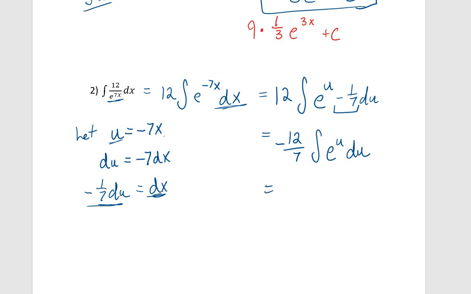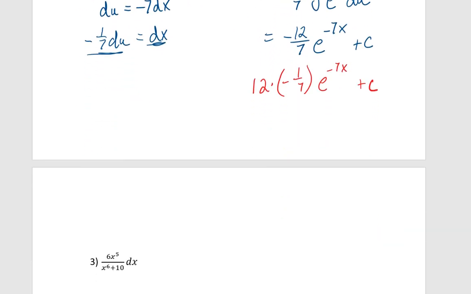And the antiderivative of e to the u is just e to the u. So I'm going to have negative 12 over 7 e to the negative 7x plus c. Again, if we had used our rule from above, we would have 12 times negative 1/7 e to the negative 7x plus c. So we would have got the same thing, just written a little bit differently.